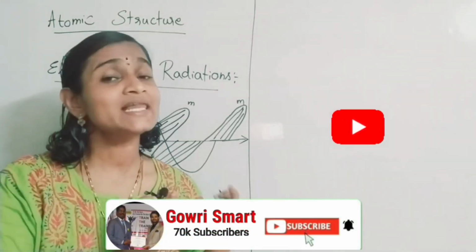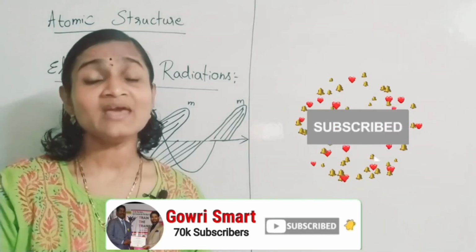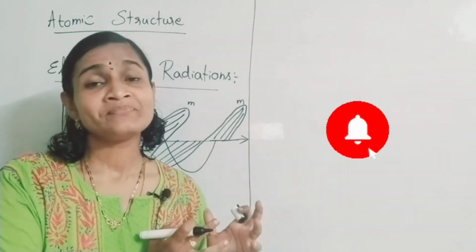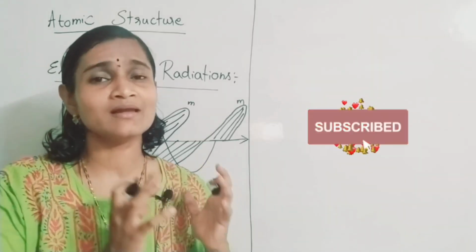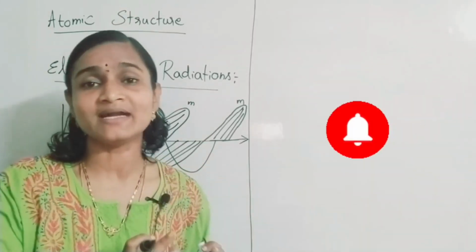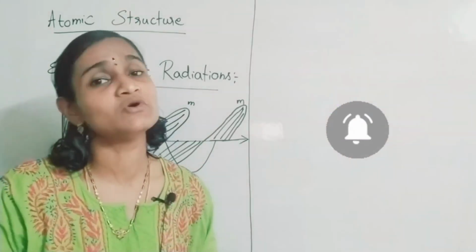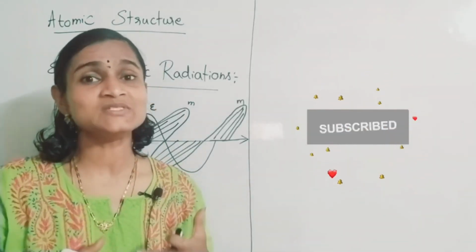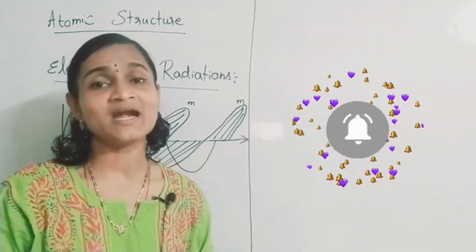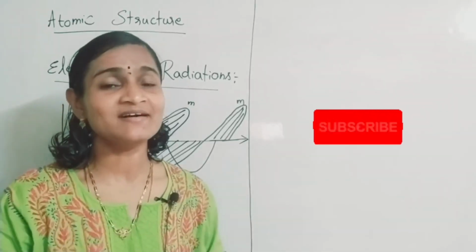Using these electromagnetic radiations, we can detect the presence of very small subatomic particles present inside the atom. Because of these waves, we can see the very minute particles inside the atom.